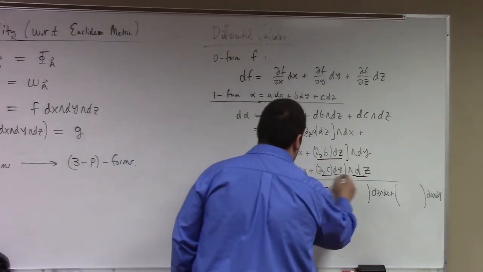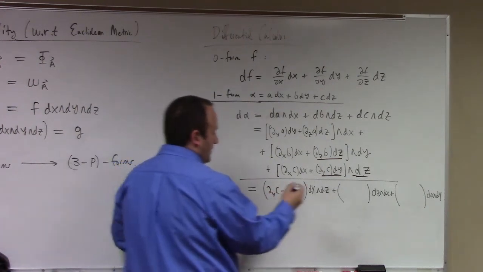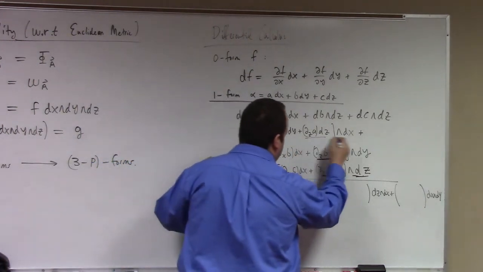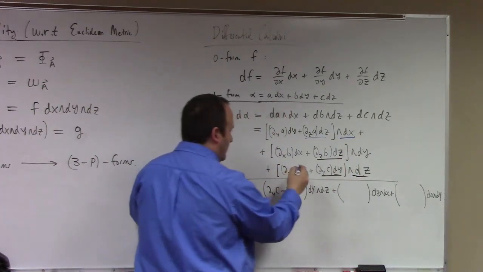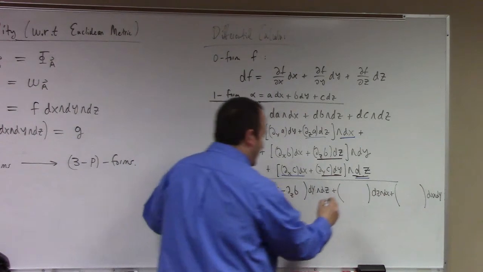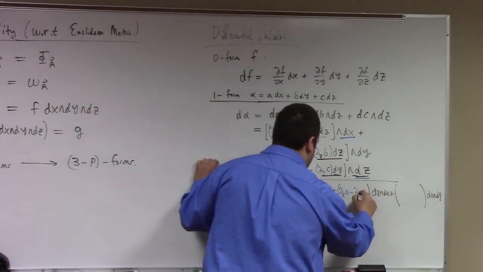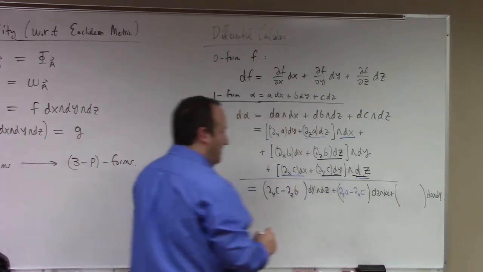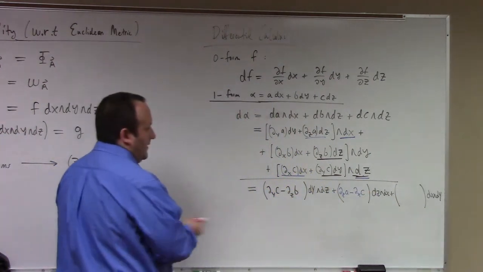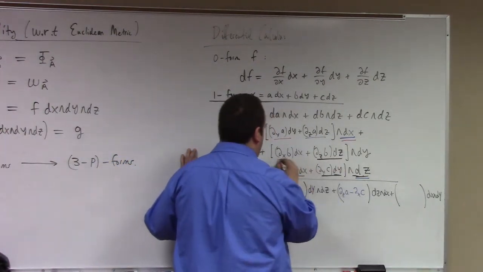That's this term and that term. We have, let's see, to get z and x, I've got this with that, and also this with that, right? So that gives me partial z a minus partial x c. And let's see here, this one, and that one, and that one, and that one.